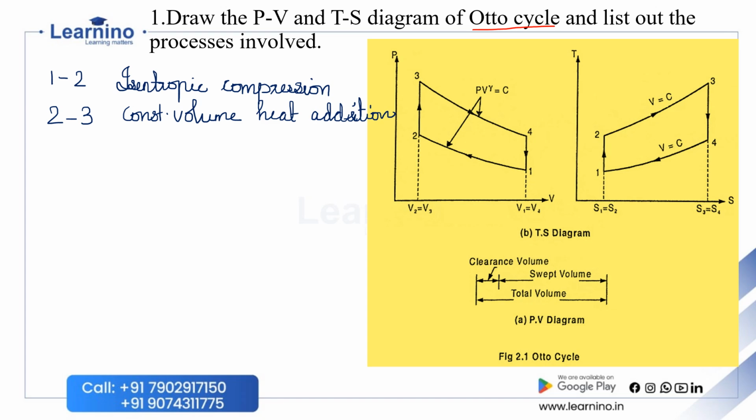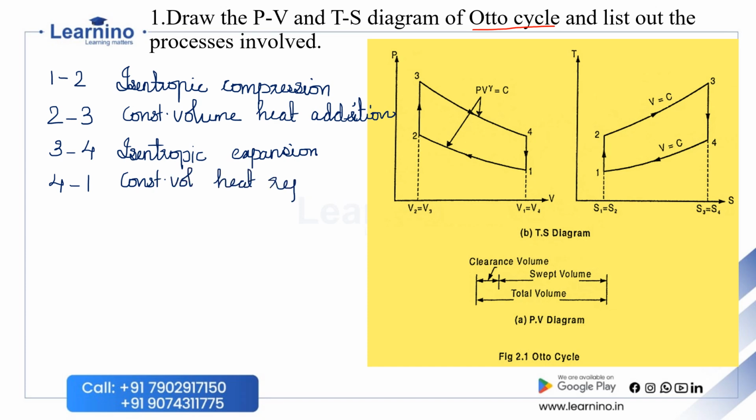The process 3-4 is isentropic expansion, and the process 4-1 is constant volume heat rejection.